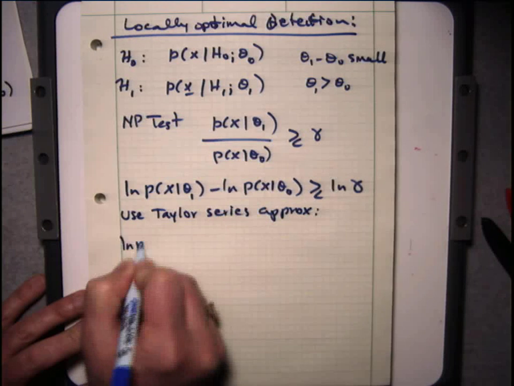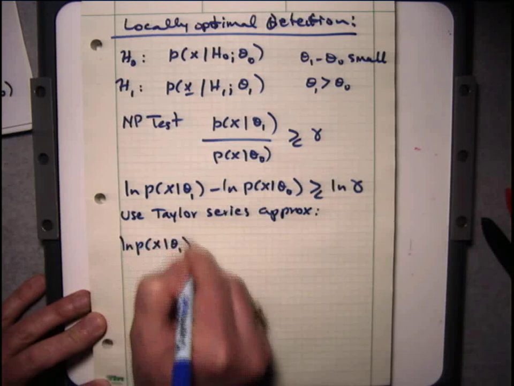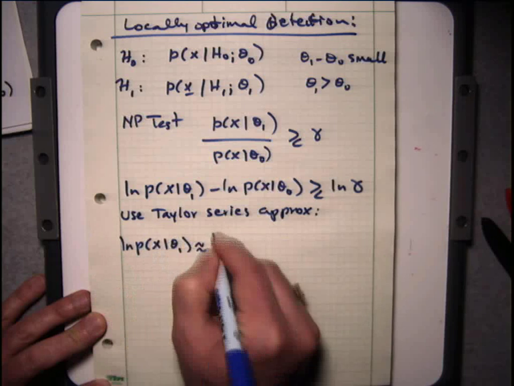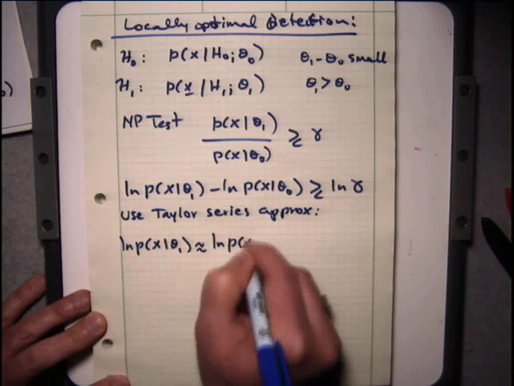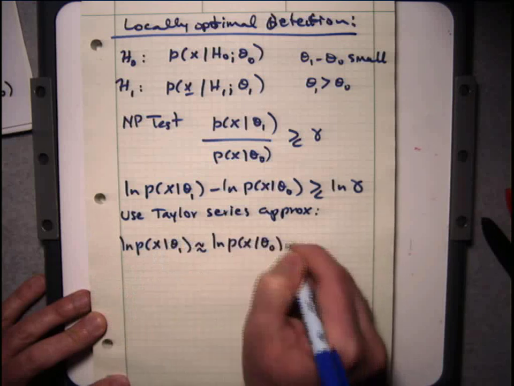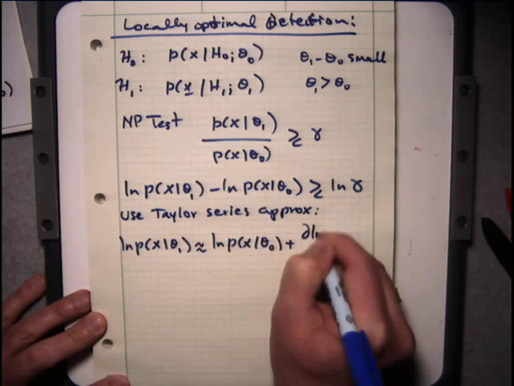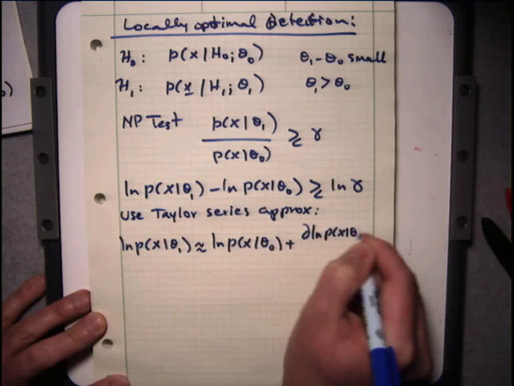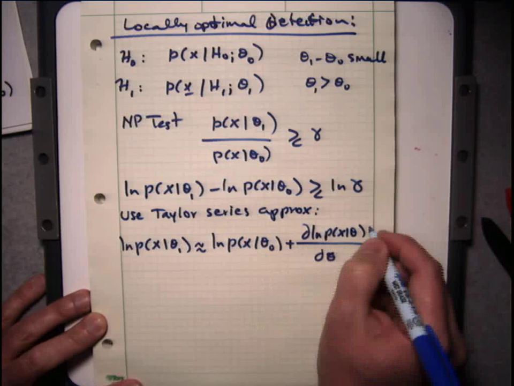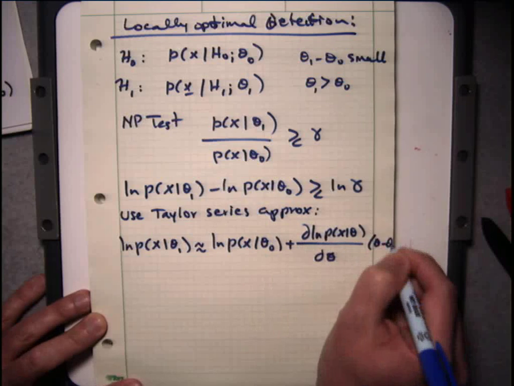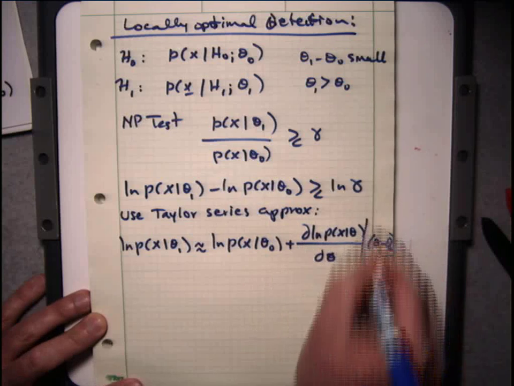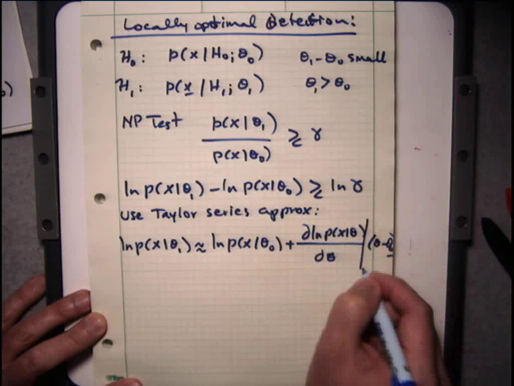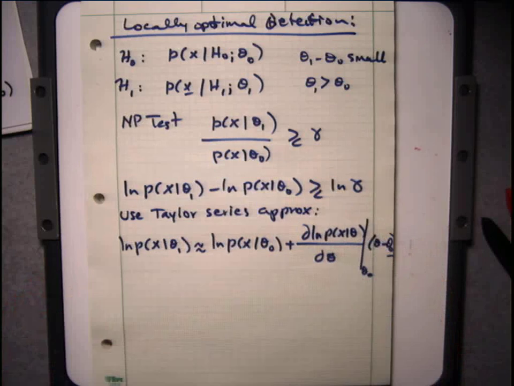Log p of x given theta 1 is approximately log p of x given theta 0 plus the derivative of log p of x given theta, times theta minus theta 0. And this derivative is evaluated at theta 0.